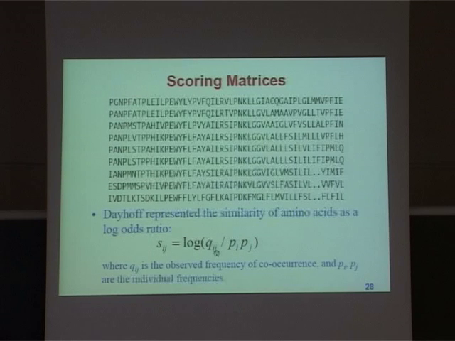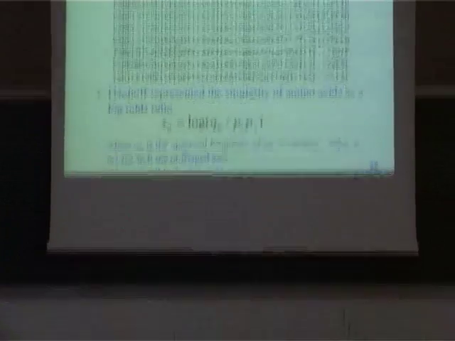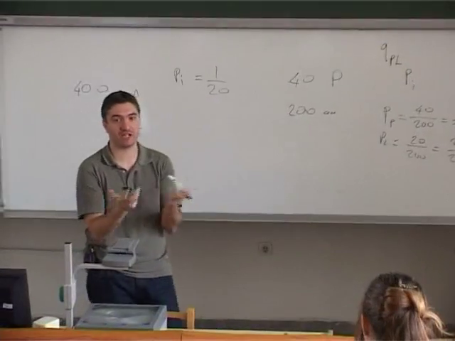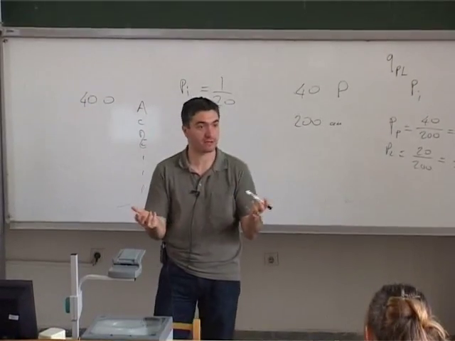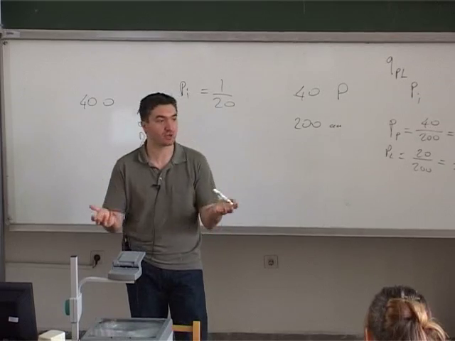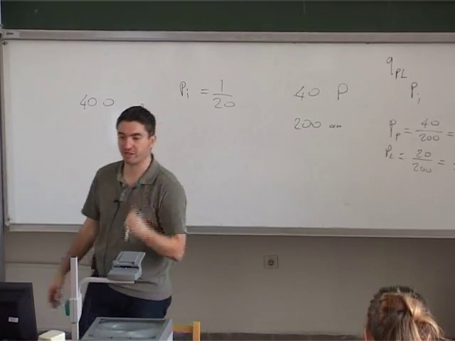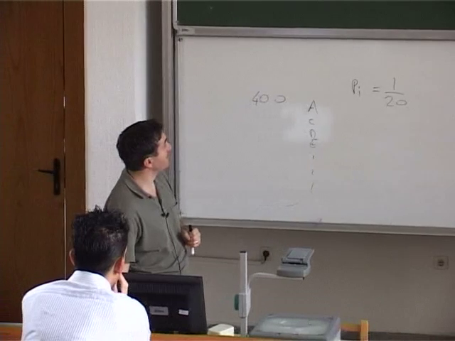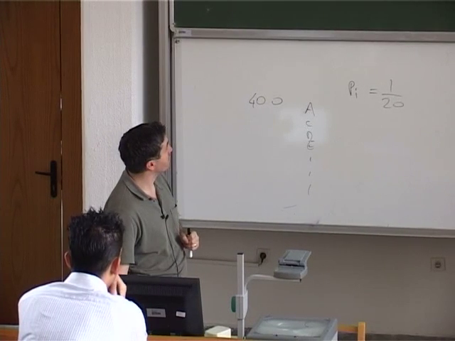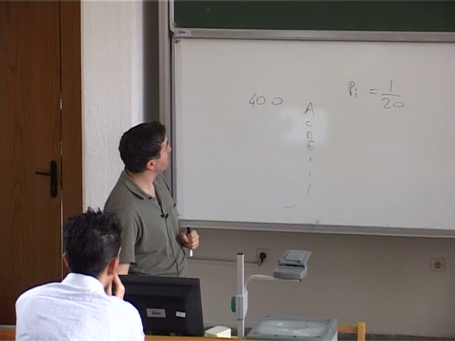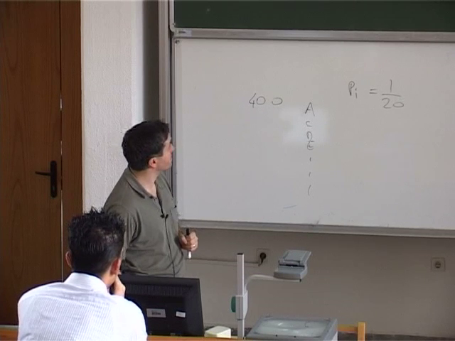If Qij is less than Pi times Pj, the log result is going to be negative. It means that the observed occurrence of P and L together is even less than the expected one, okay? In nature we do not observe one mutating to the other at all, so we should give it a negative score. If it is greater, it's going to be a positive score, okay?